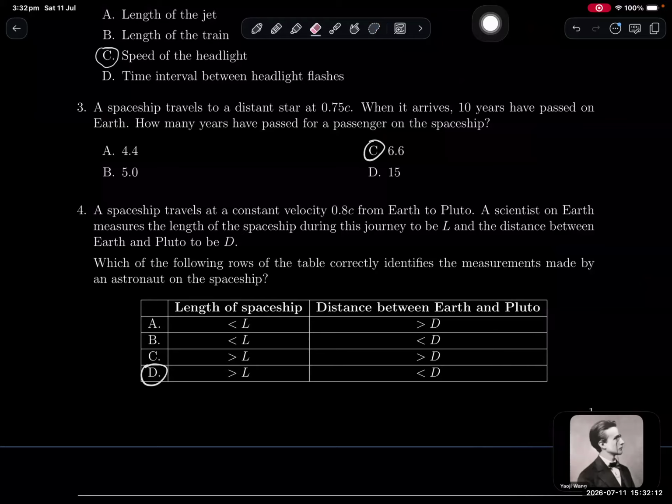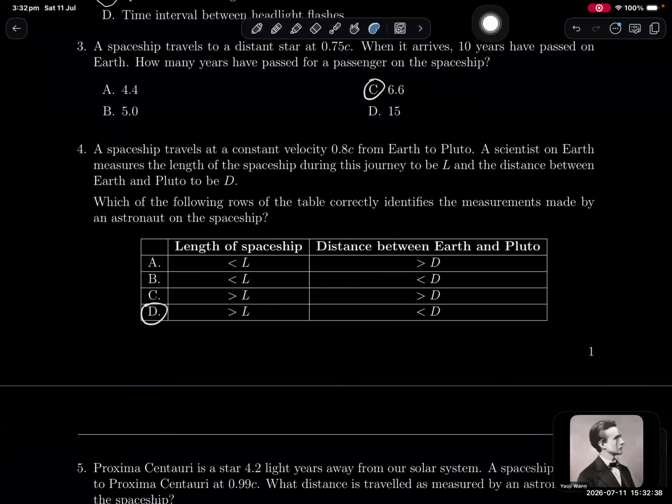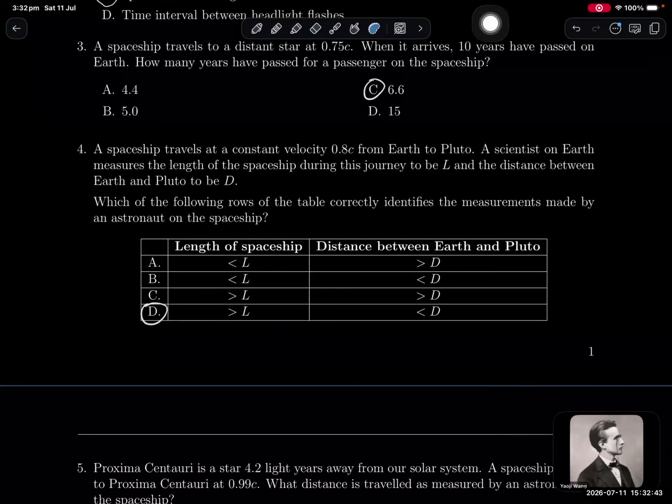The length of the spaceship would be observed to be longer, because on the spaceship, its length is measured as proper, so it's longer than L. The distance between Earth and Pluto is going to be a contracted length as measured by the spaceship, so it's smaller than D. The spaceship is stationary with respect to itself, so it's measuring proper, and the distance of the journey is proper from Earth's perspective. So the spaceship would measure the contracted length.